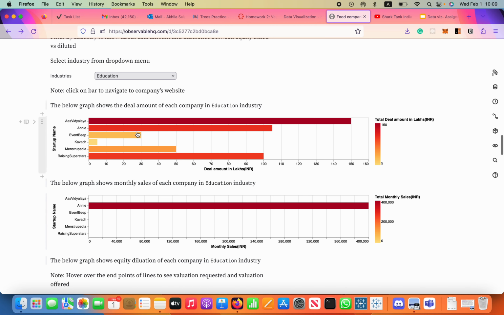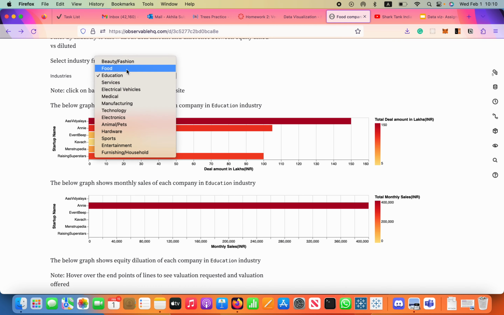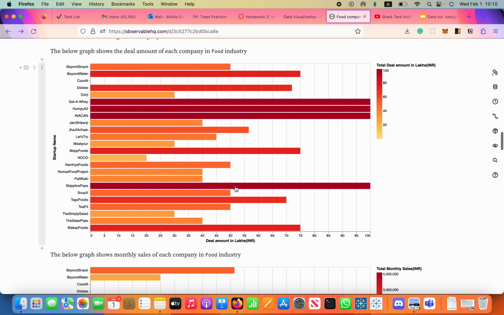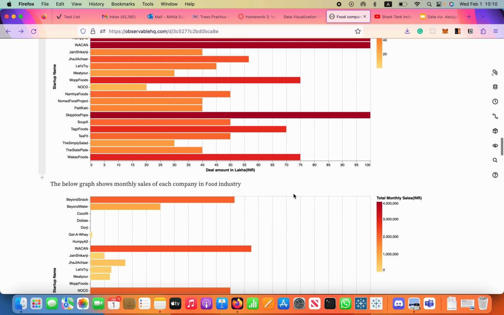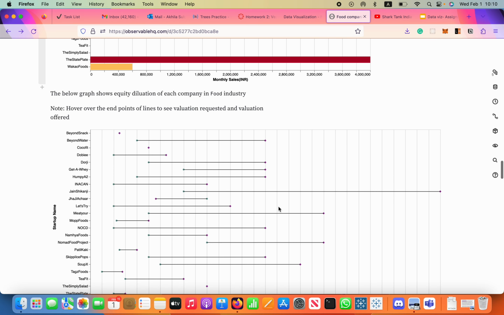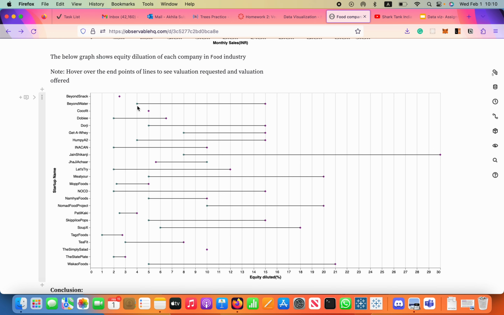So if we go to education or food, then we can see all the companies that made the deal, and their monthly sales, and also the equity that they originally asked and the equity that they were offered. And hovering over the points, the user can see the valuation that was requested by the contestants and the valuation that the Shark offered.